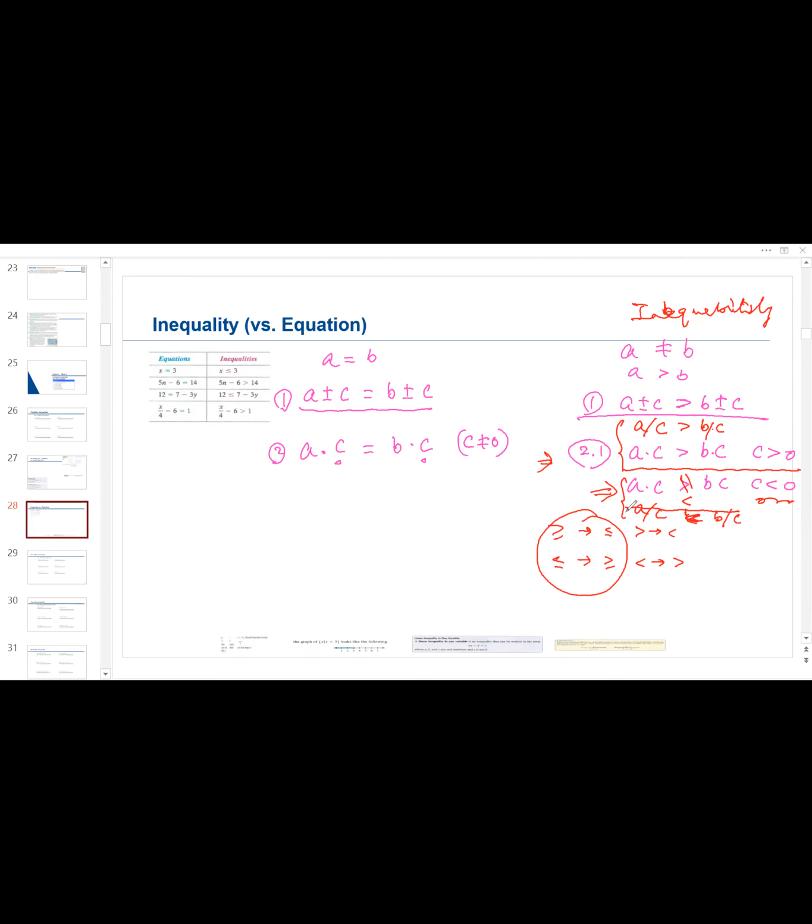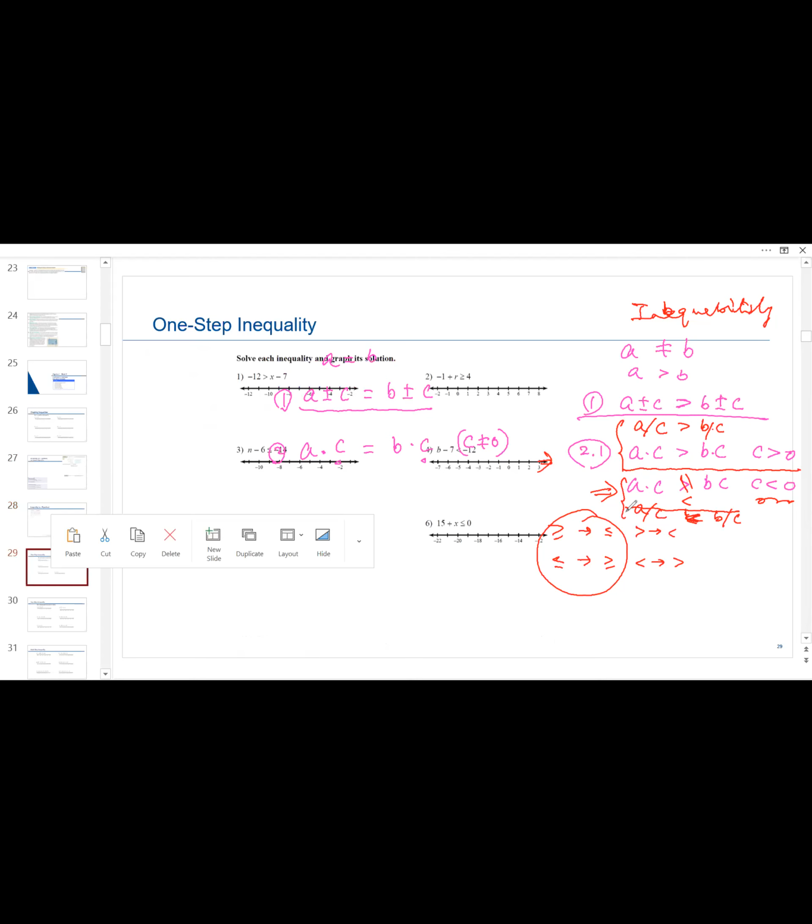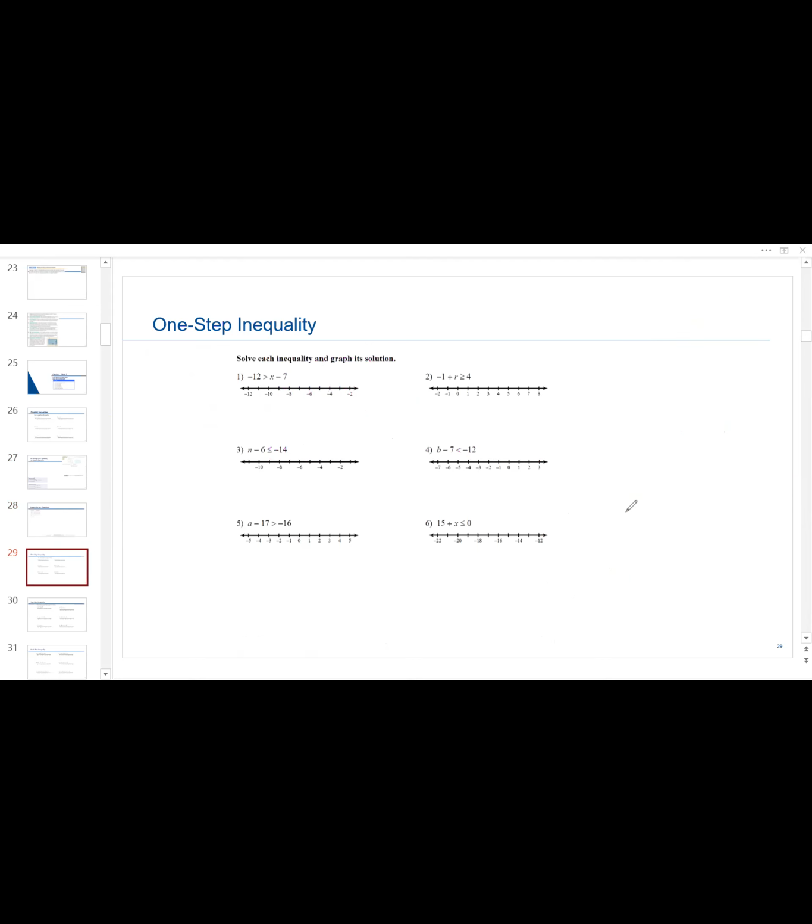Try to make us more familiar. So one step. Okay, let's see this one. So like this one. First, what do we need to do? Both sides plus 7, right? We make the x like this one.